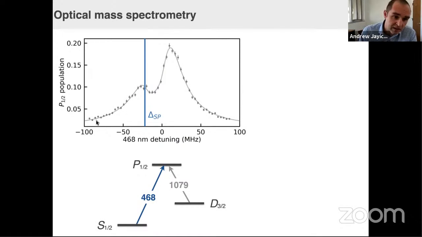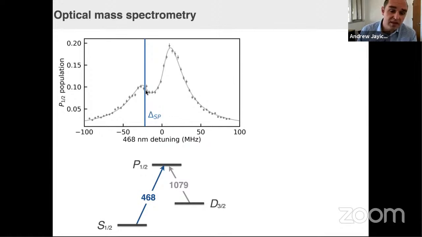So this is a plot of the spectrum of the S to P transition at 468 nanometers, if you've detuned your 1079 nanometer light to the red of this transition.